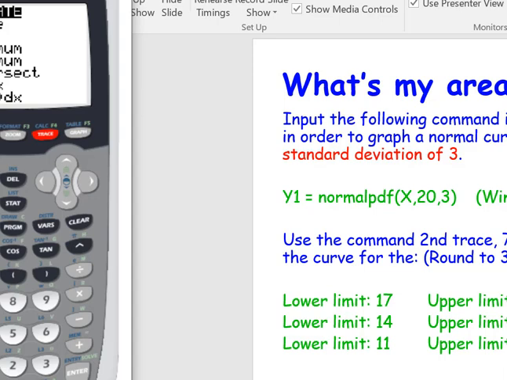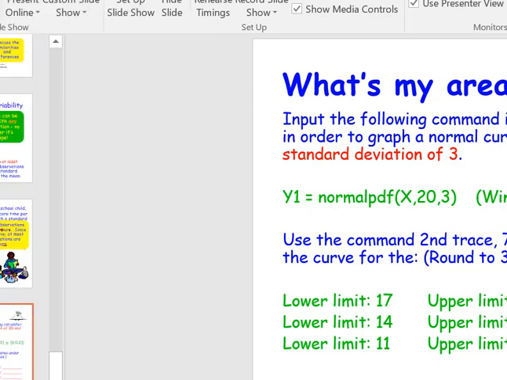We're going to use the 7 command, which is integral. That's going to find the area under the curve. If you haven't had calculus, that's an integral. It finds the area between the curve and the x-axis. So let's go to an upper limit of 23. Notice that gives us an area of 0.08.